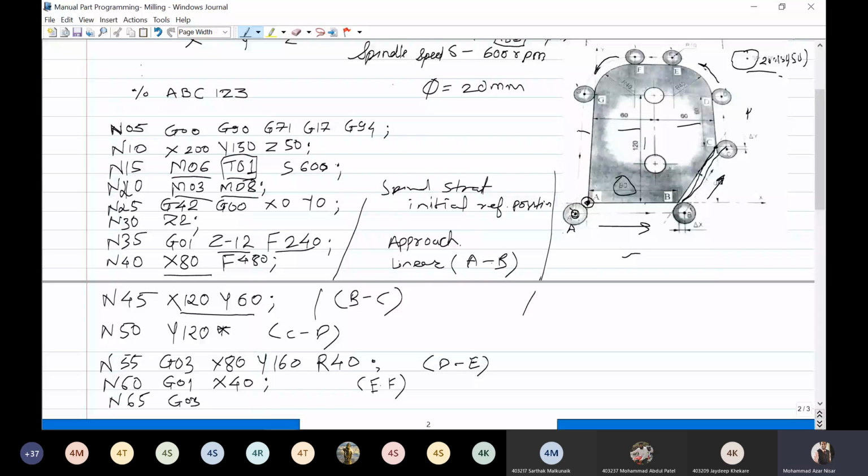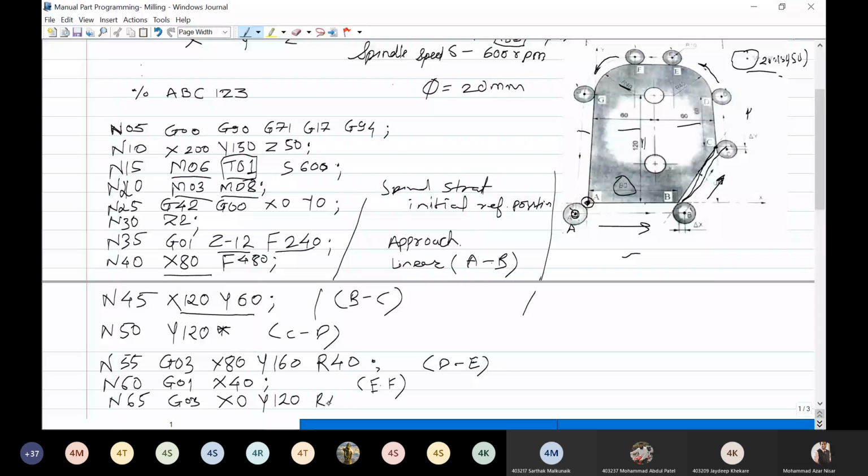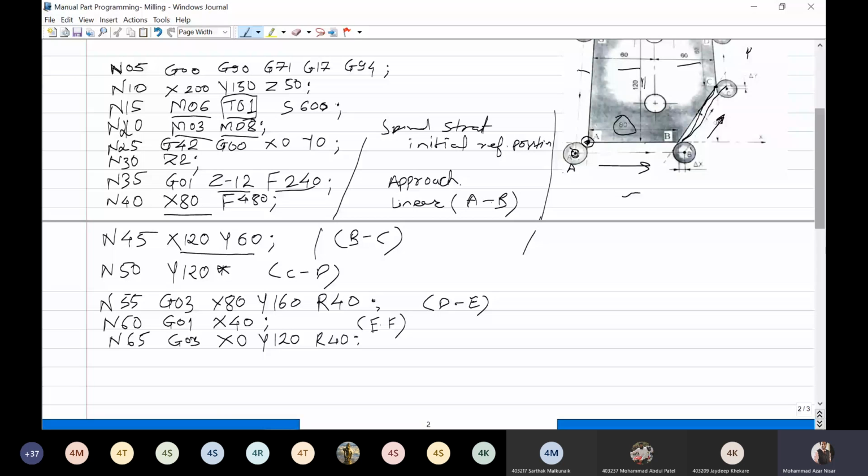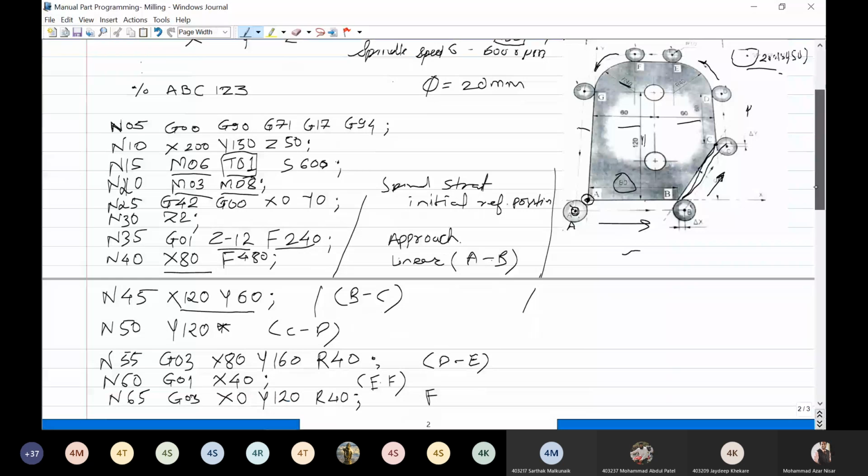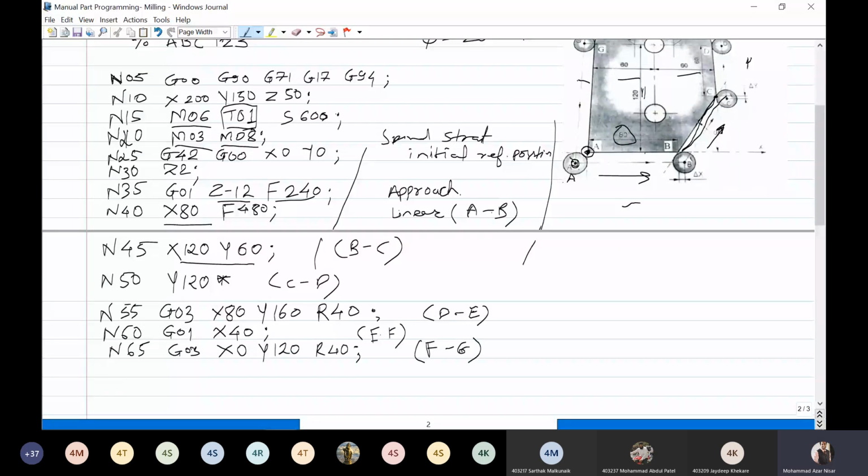X will be 0 and Y will be 120, and the radius is again R40. End of block. Then the cutter moves from F to G.